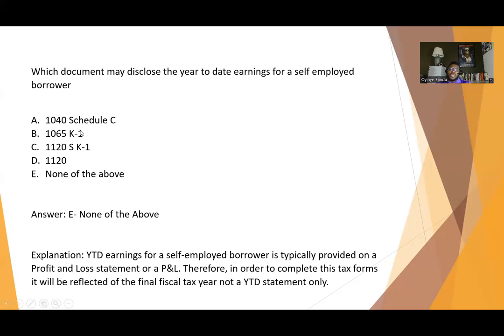Because you're thinking, well, all these tax forms already show me that this borrower has this income for the prior year. But it doesn't show you the actual year to date. That's the thing about underwriting. It's very specific. You have to be very careful with these things, because if you overlook it and you try to skip the steps, it can be extremely dangerous to your career moves.